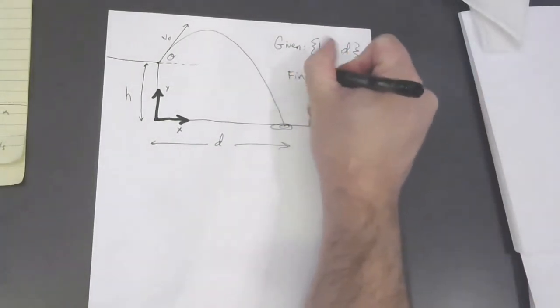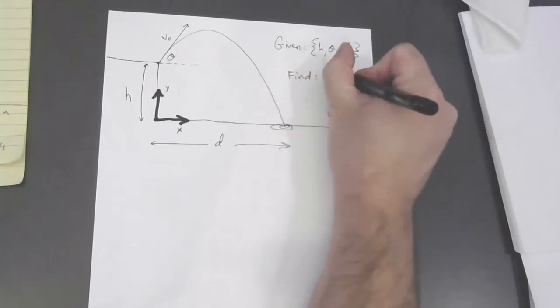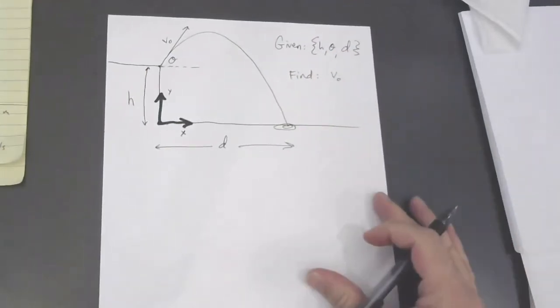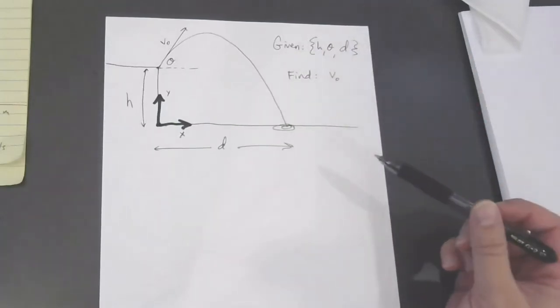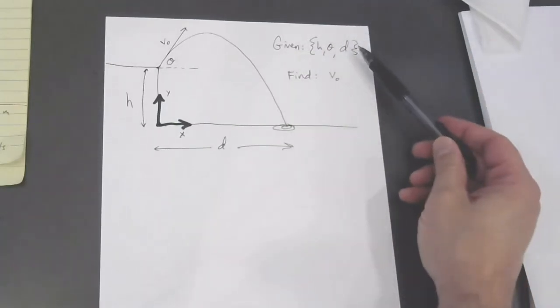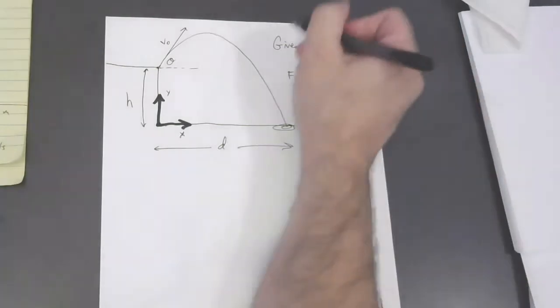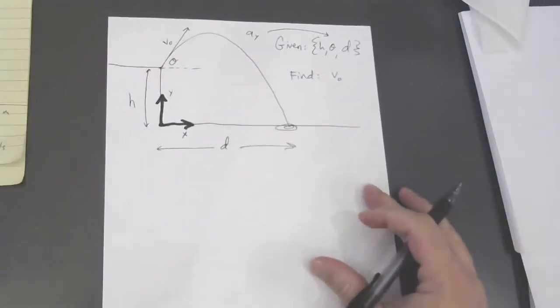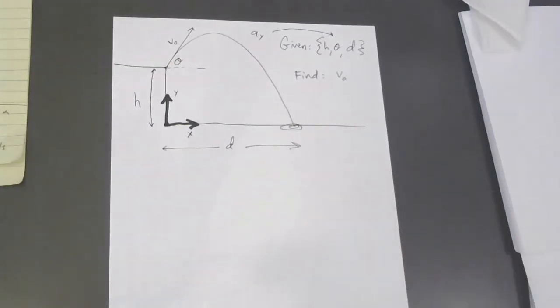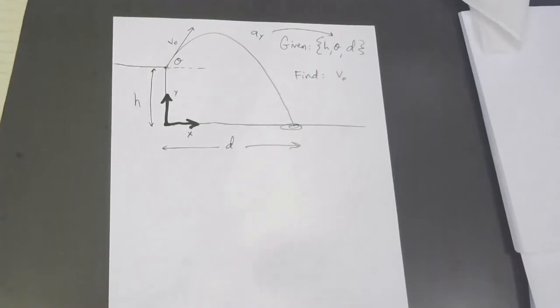And we'd like to find the required speed V naught. Okay, and there's really one other known quantity that I did not include here. It's kind of implicit. We also know the y acceleration, because if we're pretending that there's no air drag, then the vertical acceleration is the gravitational acceleration.